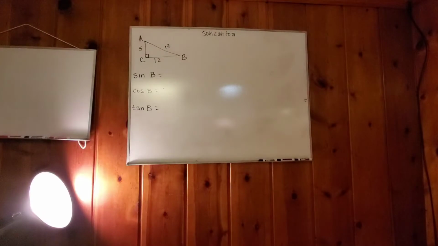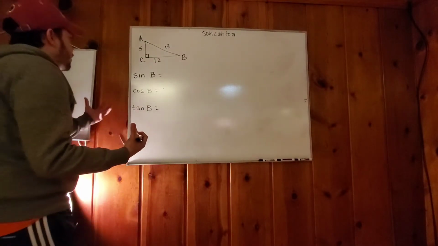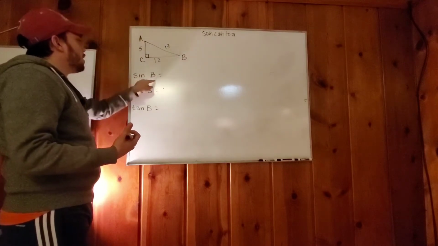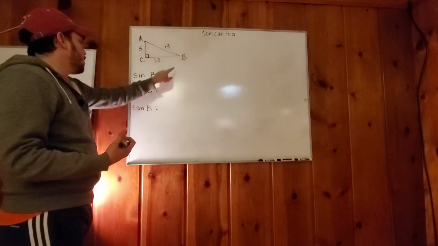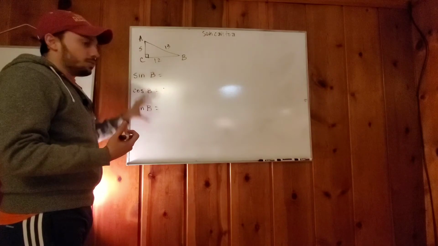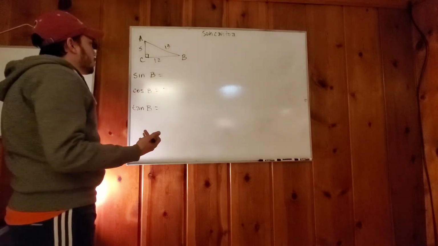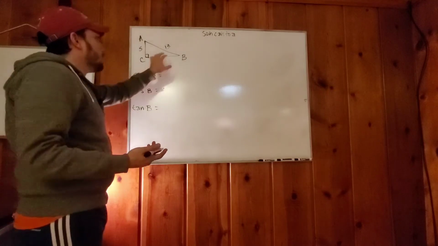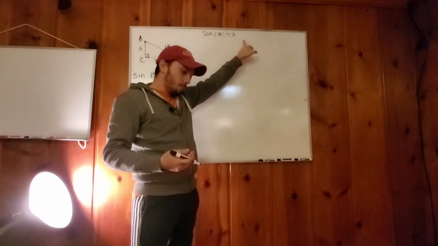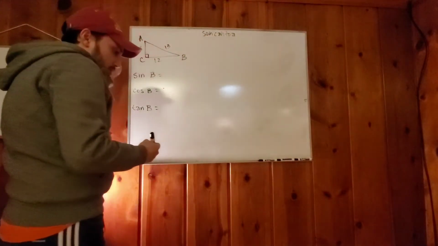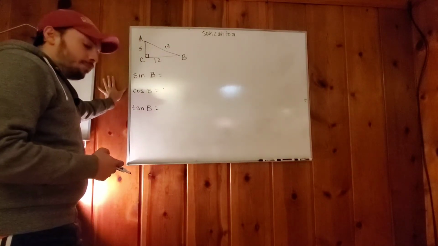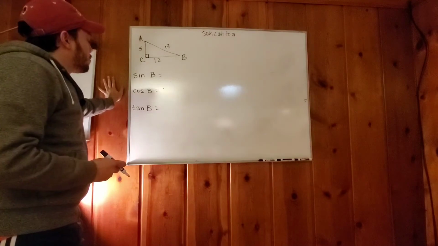All right, so the first part of example 1 is you have this triangle, and they tell you, okay, find sine of angle B, cosine of angle B, and tangent of angle B. First part of the example, then we're going to move on to the second one. So the first part is find sine of B. I wrote my little shorthand there, SOHCAHTOA.